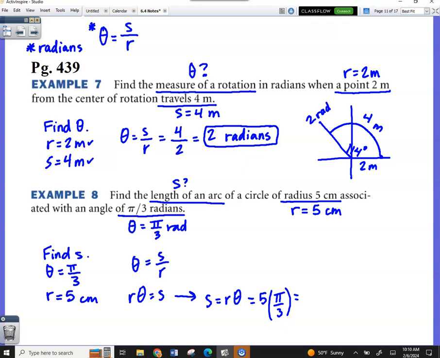And you get approximately what? About 5.2, and we were talking about centimeters. Now that answer makes sense.